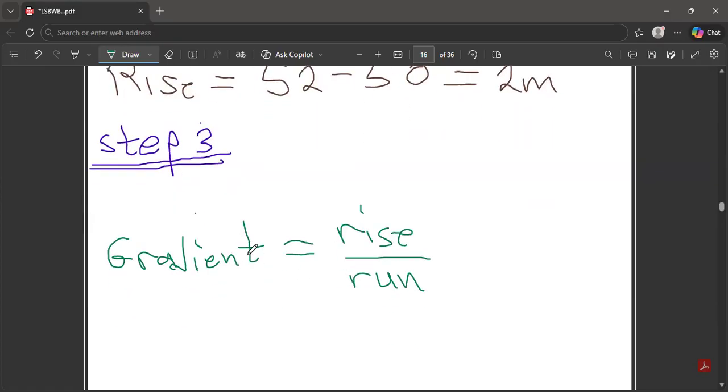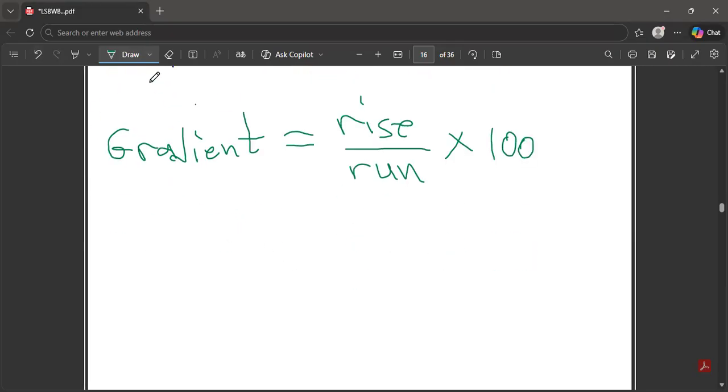All right. Since the gradient is equal to rise over run, at the end of the day, we just have to substitute the vertical distance over the horizontal distance into it. But take note that it must always be expressed as a percentage, so always remember to multiply times 100.